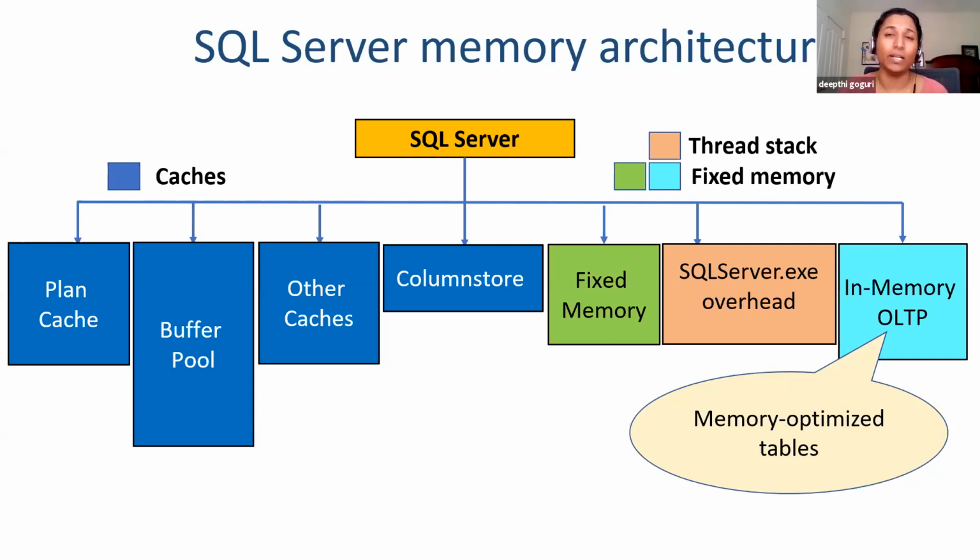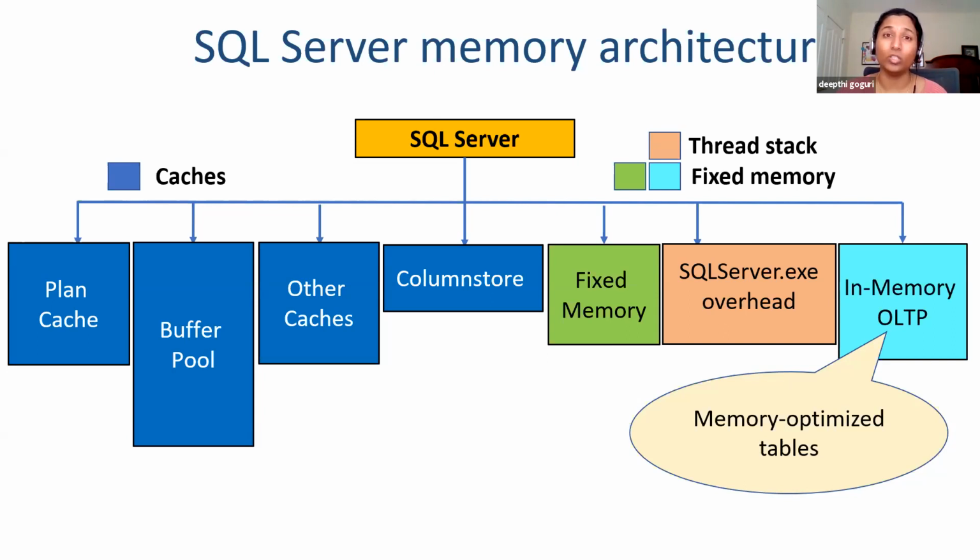It cannot be expanded and shrunk when there is memory pressure. Memory optimized tables get stored inside this memory. There should be some other process which comes and cleans these tables so that there is more memory for newer objects to be stored. That's just an overview of the memory architecture of the SQL Server.